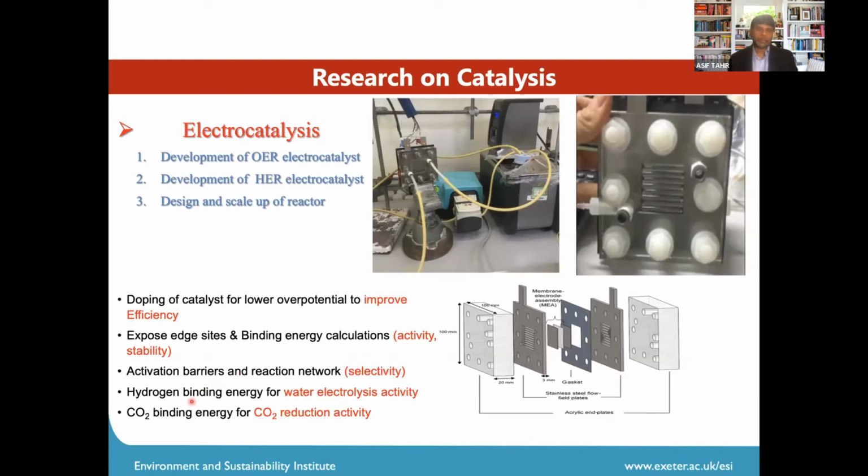Hydrogen bonding for water electrolysis activity: the more the hydrogen bonding, the higher the activity. And we are also looking at CO2 bonding, which causes poisoning of the system or reduces the activity of the material. So we are looking for a material which has a low CO2 bonding energy.